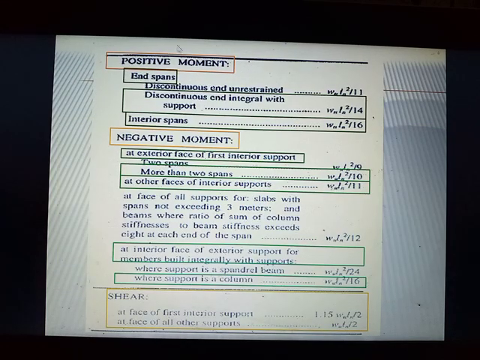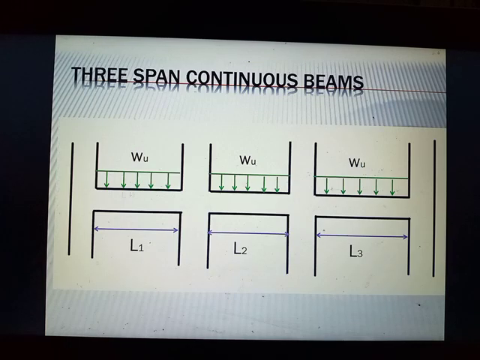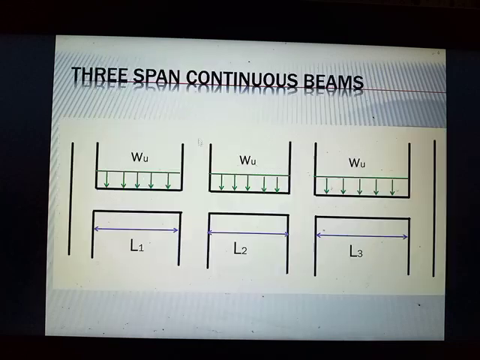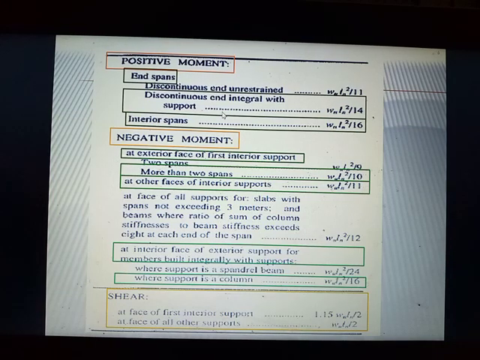So we have N spans, and under that we have discontinuous end and integral with support. So this is your discontinuous end. When we speak of discontinuous end, we speak of the end spans. So end span and discontinuous end are the same.